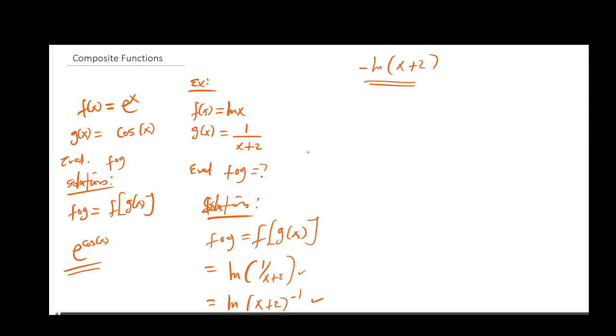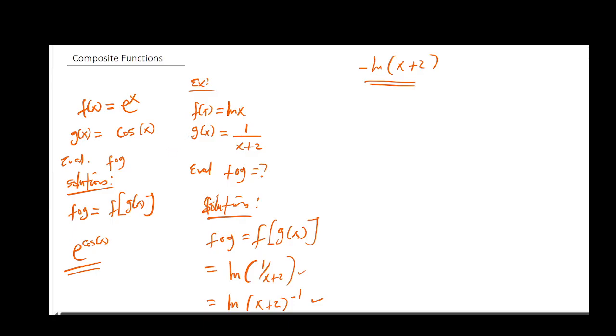One more example before we bring composite function to a stop. Let's take an example that combines a trig function and a radical. All right, a function with a root.